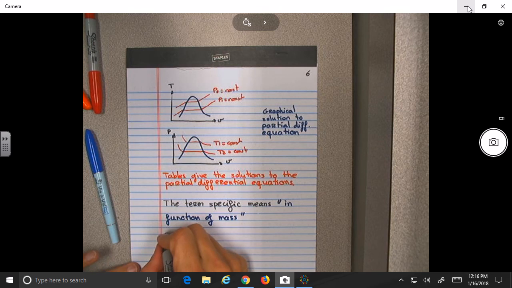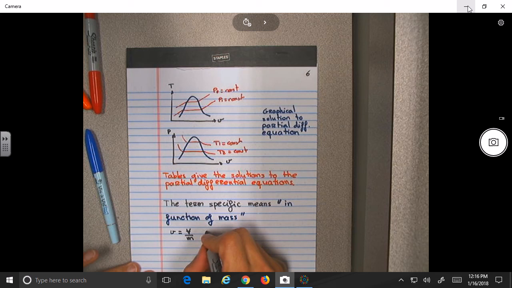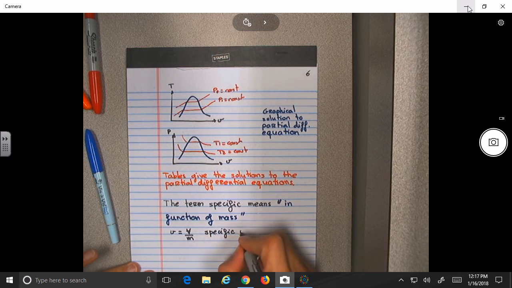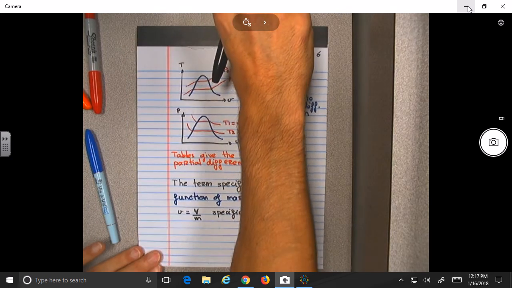So basically we had V equals volume over mass, which is specific volume. Okay.